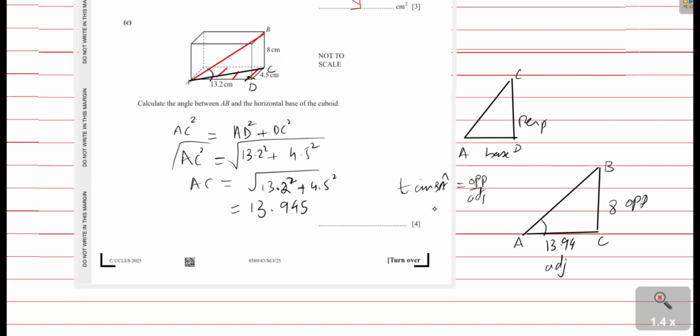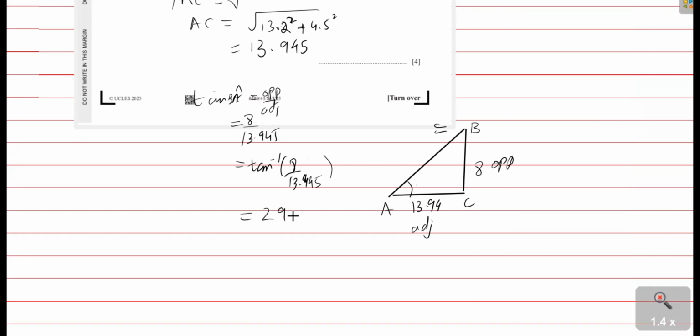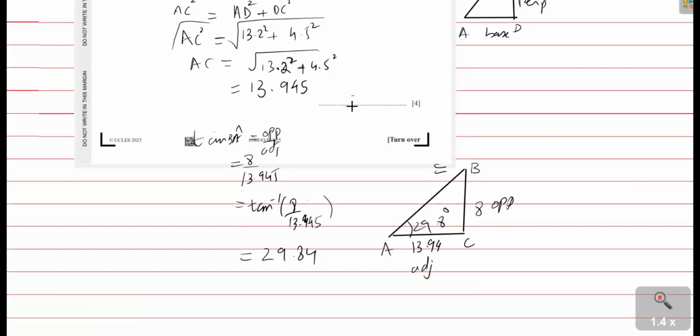And this equals 8 over 13.945, so the angle will be equal to tan inverse of 8 over 13.945. This will be equal to 29.8, and this is the angle between AB and the base, and this is the answer.